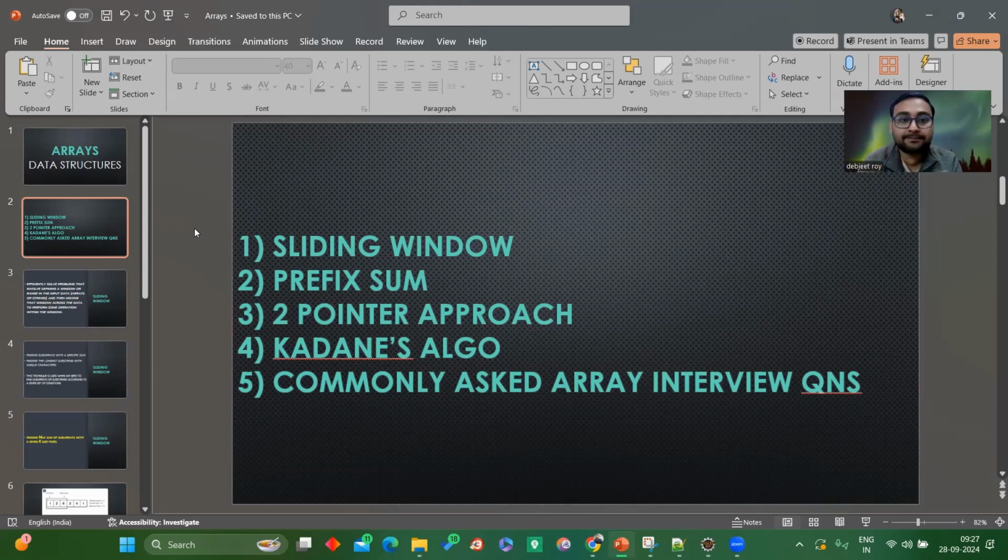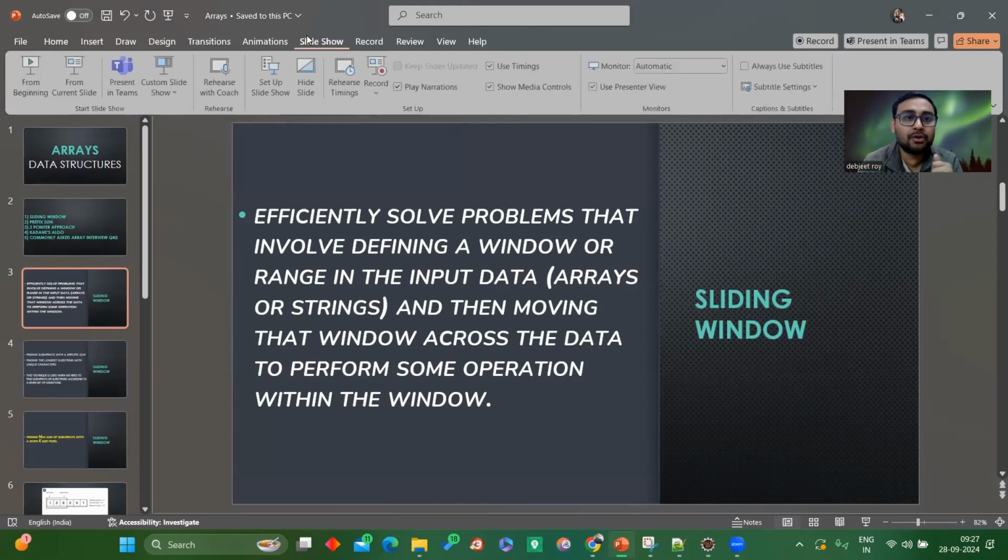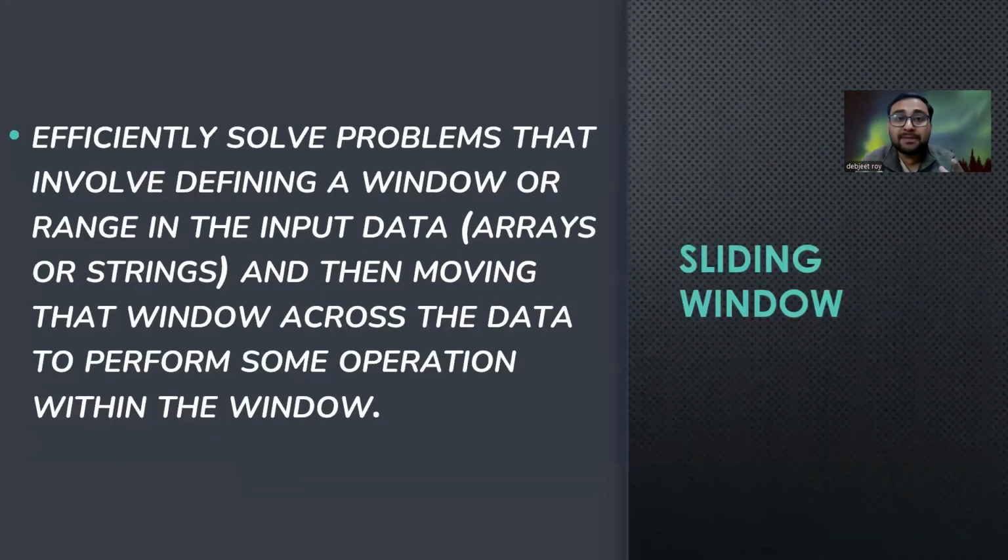So let's understand what sliding window is and how it works. What type of problem is sliding window solving? Basically, whenever there is a window that we have to define. What type of problems consist of a window size?